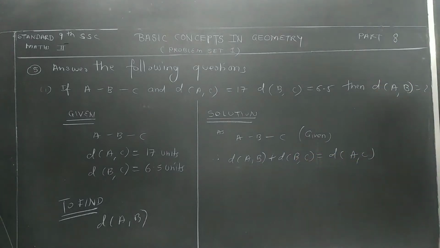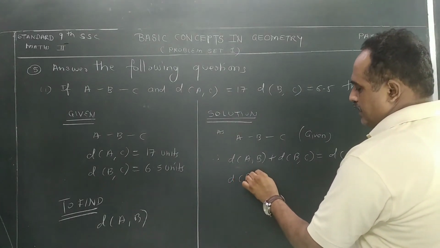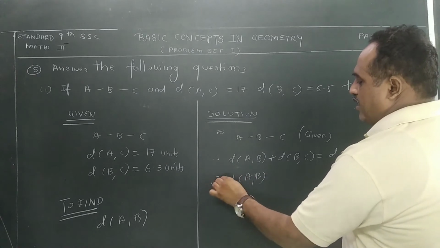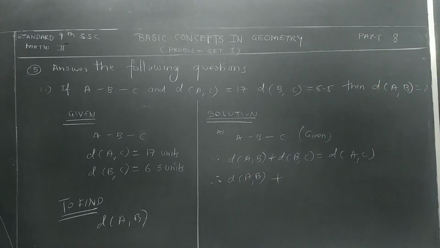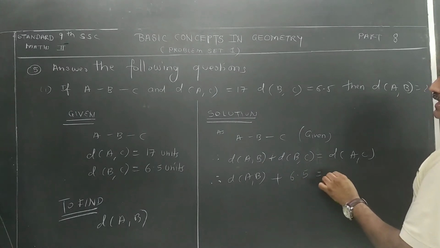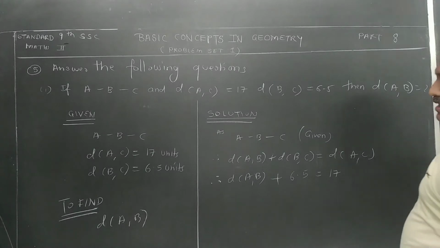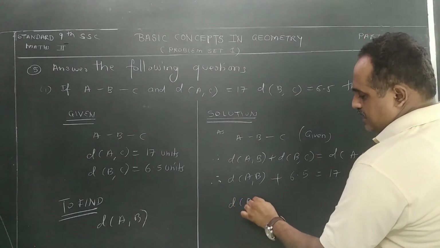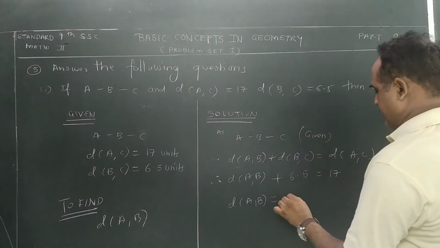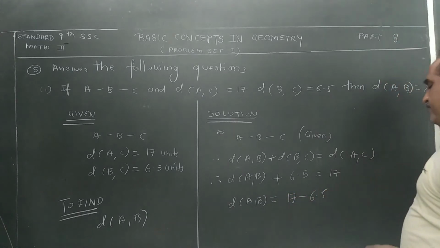Substitute the values. AB we don't know, so we have to find the value of AB plus BC. The value of BC is 6.5 and AC is 17. So ultimately, distance AB is equal to 17 minus 6.5.